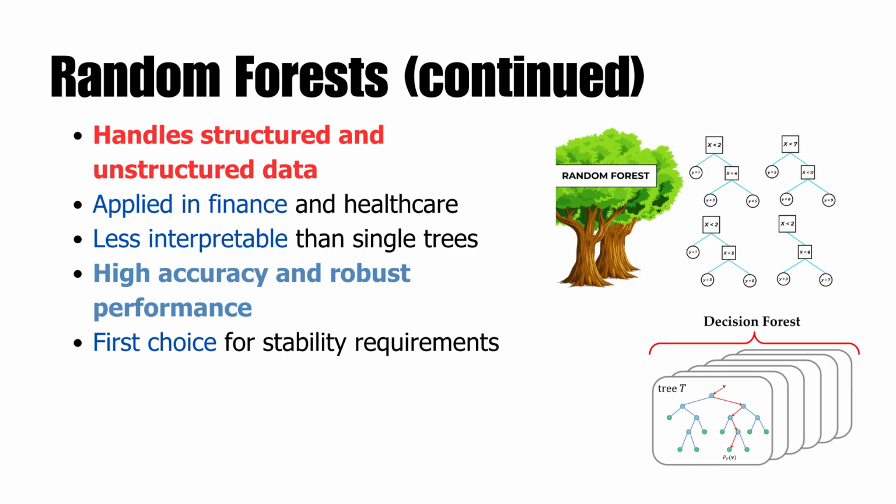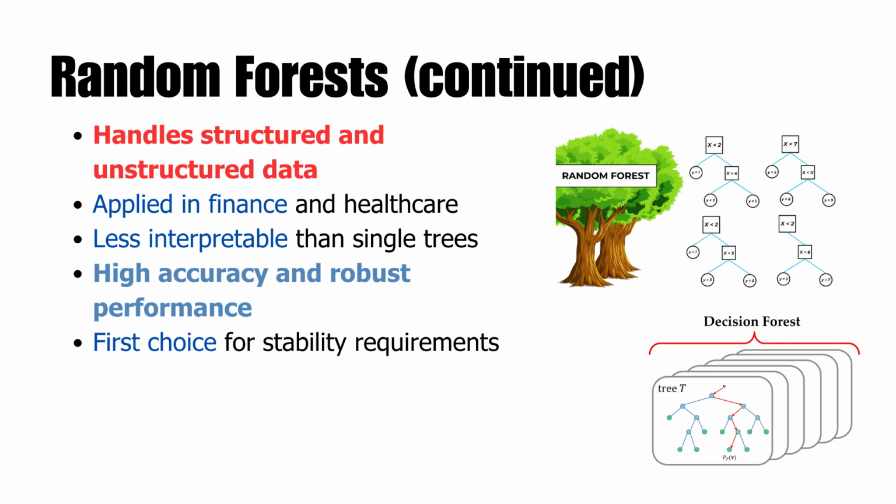This combination approach renders the random forest robust tools that can easily handle both structured and unstructured data. They find widespread application in finance to score decisions, in healthcare to predict disease, and in e-commerce to make recommendations. It's the wisdom of the crowd phenomena.